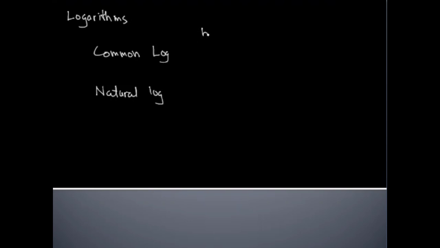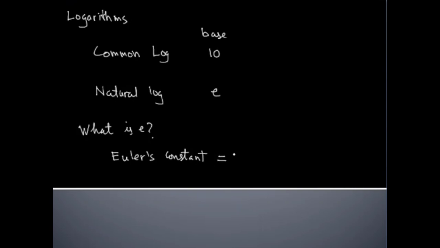Common logs have a base of 10 and natural logs have a base of e. Now the question is, what is e? Right? You call this Euler's constant, and it carries a value that is equivalent to 2.718.